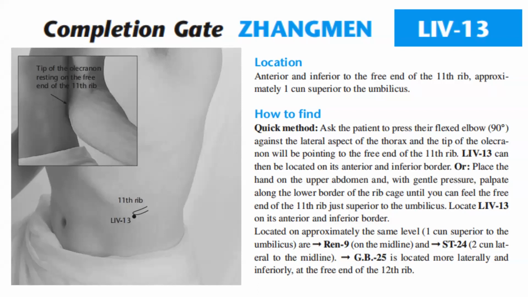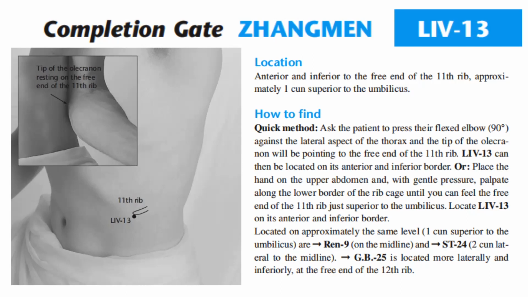To locate it, the quick method is to ask the patient to press their flexed elbow, at 90 degrees, against the lateral aspect of the thorax, and the tip of the olecranon will be pointing to the free end of the 11th rib. So liver 13 can then be located on its anterior and inferior border.